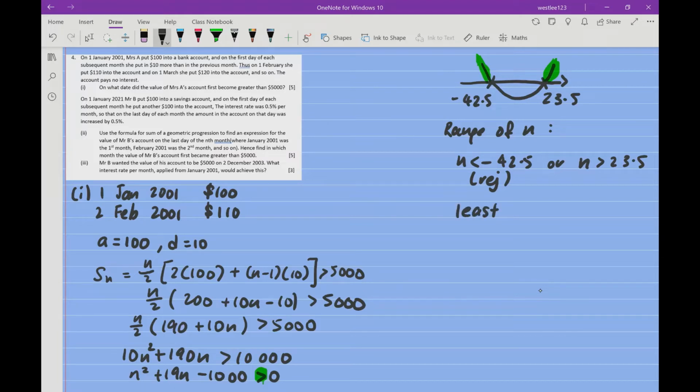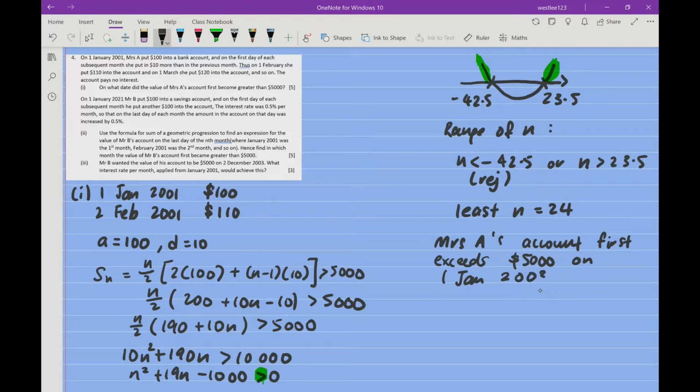The smallest n, therefore, is 24. 24 months later, Mrs. A's account first exceeds $5,000. 24 months later, which is 1st January 2003.